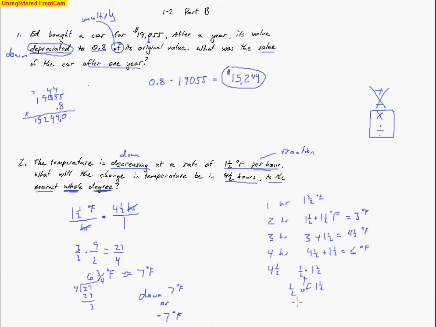That requires changing the mixed number into an improper fraction and then multiplying. So that gives me 3/4. So I really need to add 3/4 to that 6 degrees, and I come up with the same number, 6 3/4. Changing that to the nearest whole degree, it went down 7 degrees Fahrenheit.